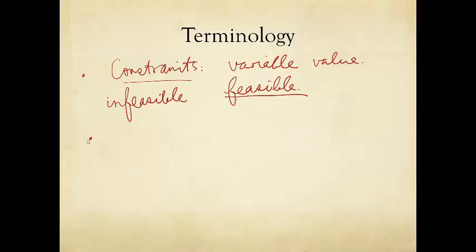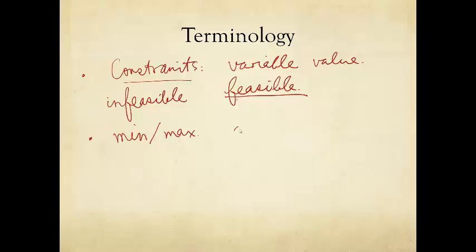Now, second, there might be an infinite number of feasible solutions, which is typically the case in the optimization problems for this course. And then we're going to pick out the best one according to some minimization or maximization criteria in the objective function.